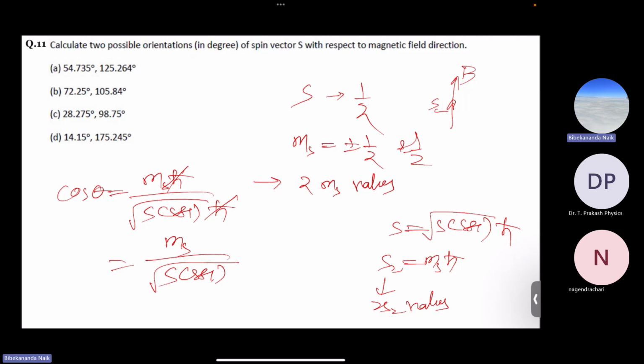Can anyone tell me the two possible values?